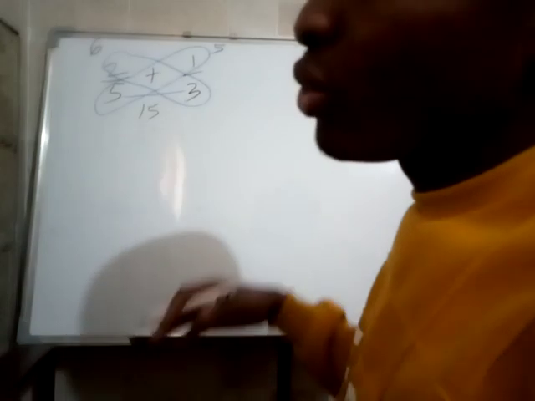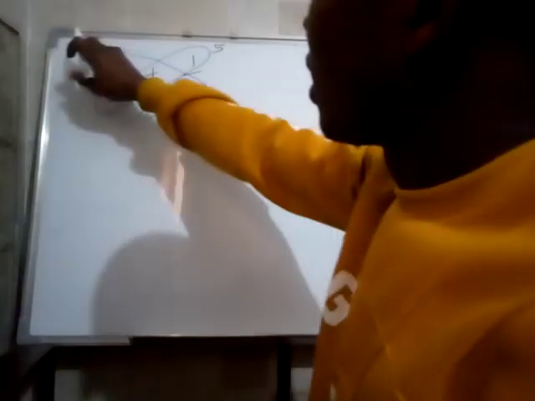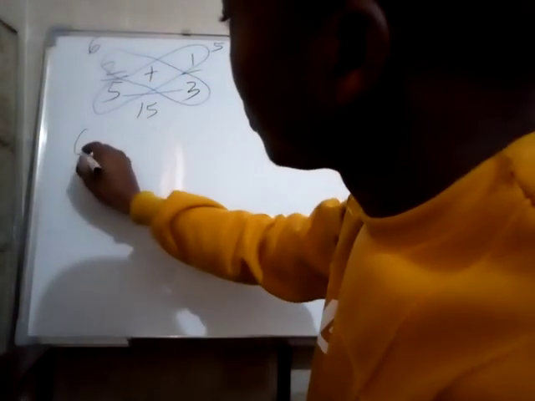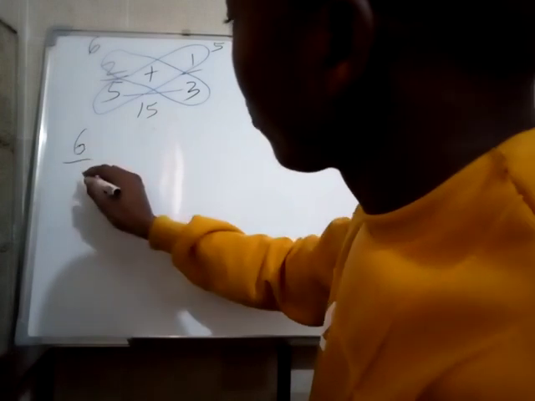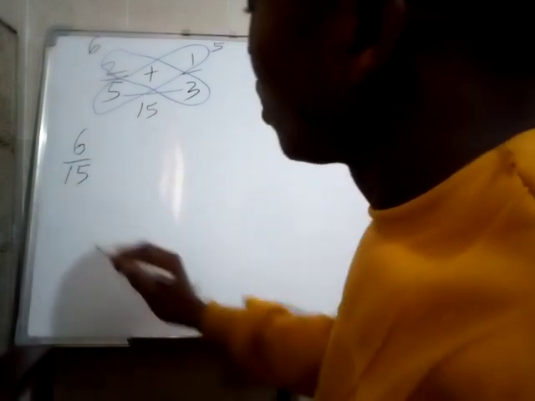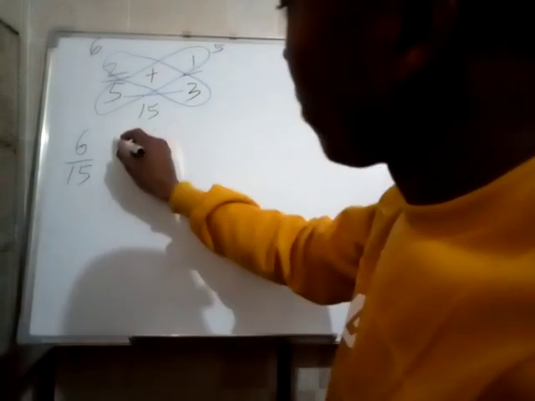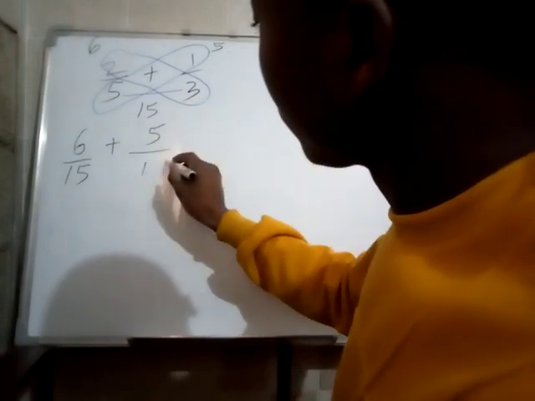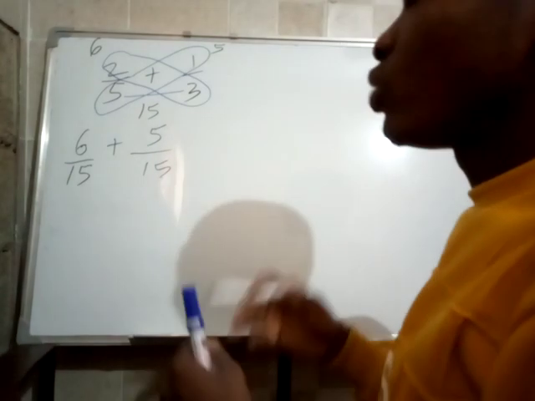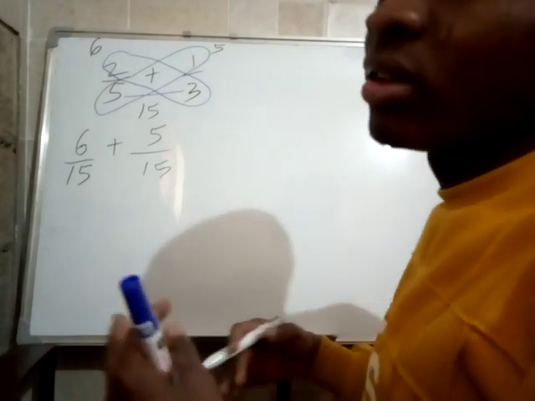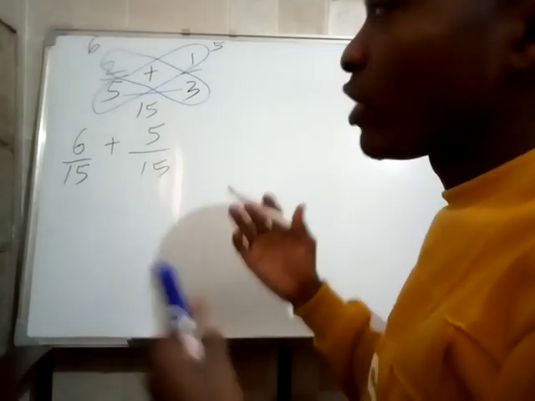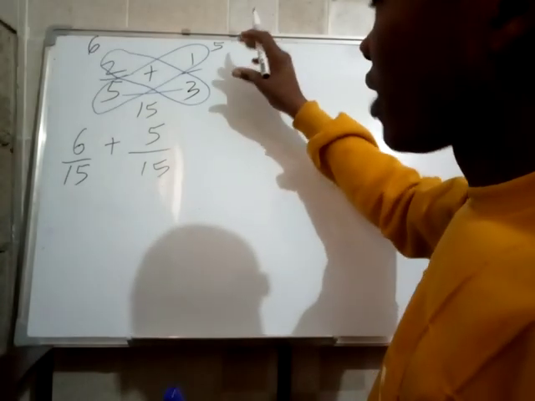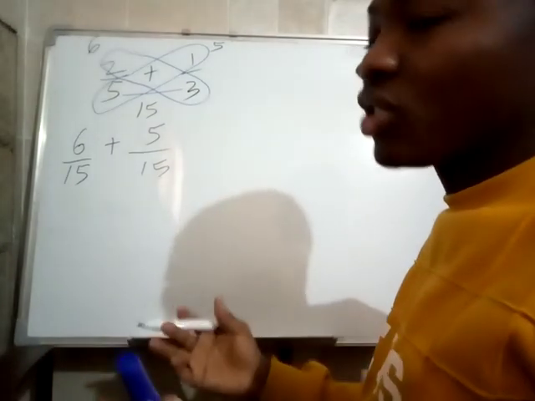So we rewrite our new fraction: the first one will be 6 over 15, plus the new fraction 5 over 15. So it's like we are changing the unlike fractions to like fractions.